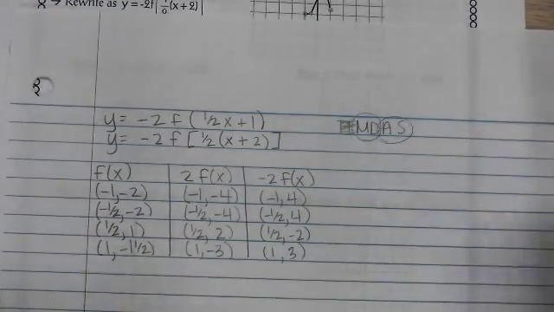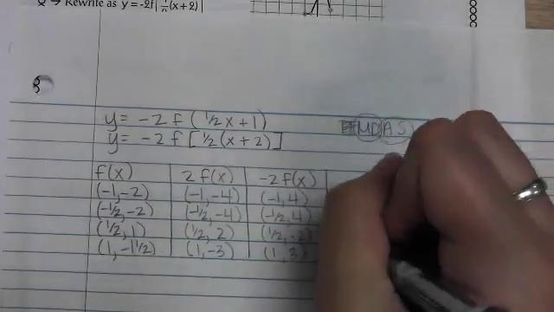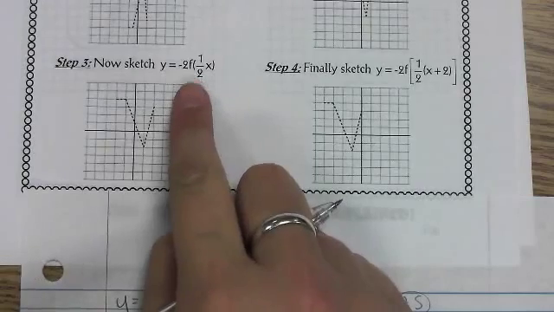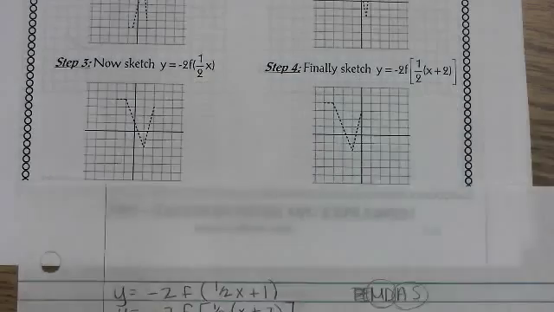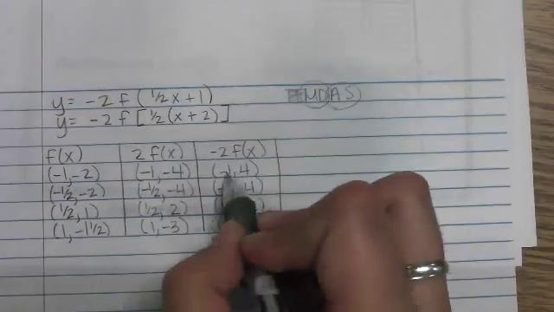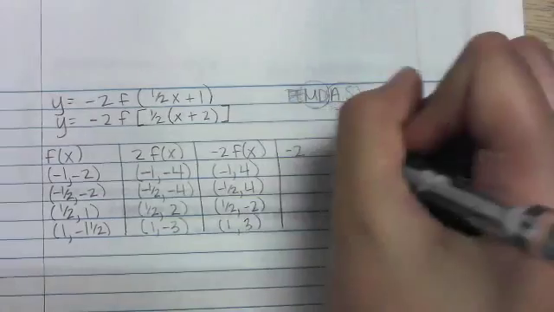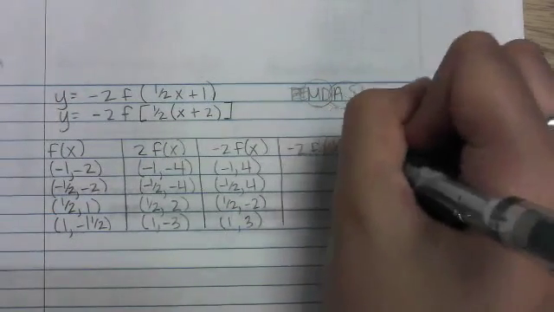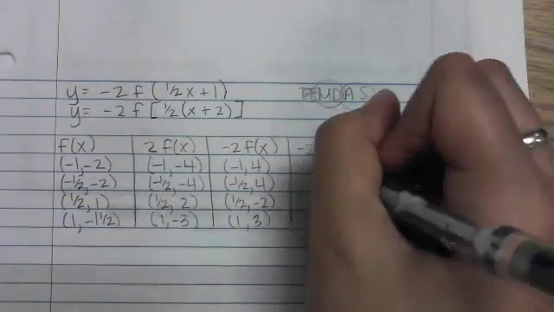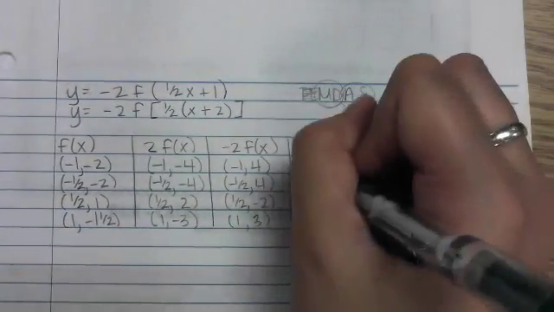Okay. The next thing that they deal with in the packet is they take the x values and now they're horizontally stretching them. So I'll go ahead and write this up here: -2 f of 1/2 x. So we're taking our x values and we're multiplying all of them by 2.